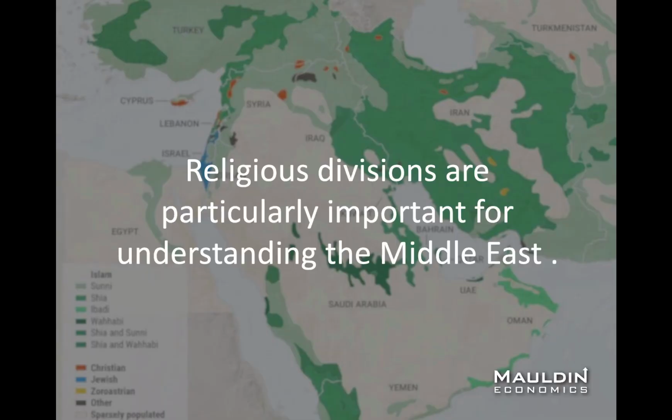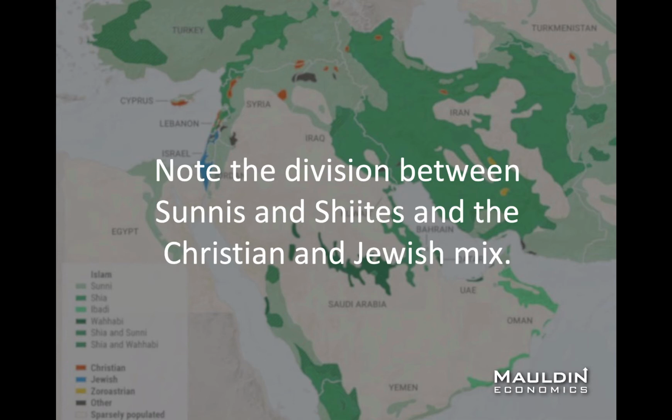So religious divisions are particularly important for understanding the Middle East. There is a division between Sunnis and Shias. They have a different structure in terms of the number of times that they pray, in terms of their belief system. Although they both believe in Allah, the succession after the death of Muhammad split into Sunnis and Shia.